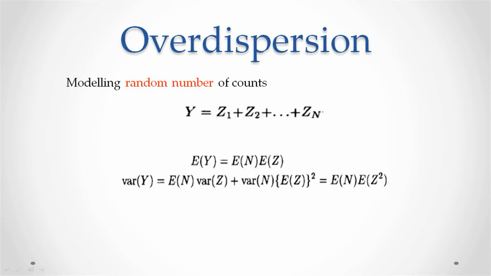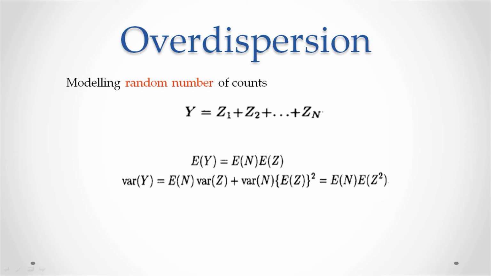Now we know that if capital N is fixed, in this situation the distribution of y will also be Poisson, and so it does not lead to any additional complications. However, let us consider the situation where capital N itself is random, that is, the number of individuals whom we are looking at is a random variable.